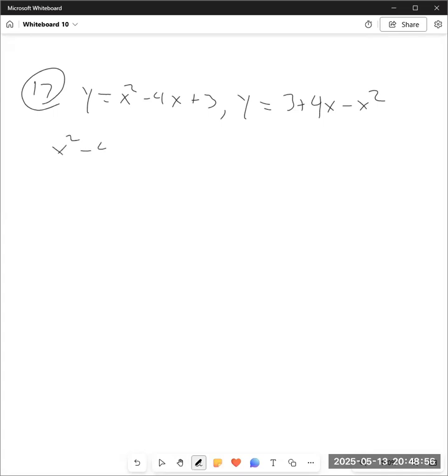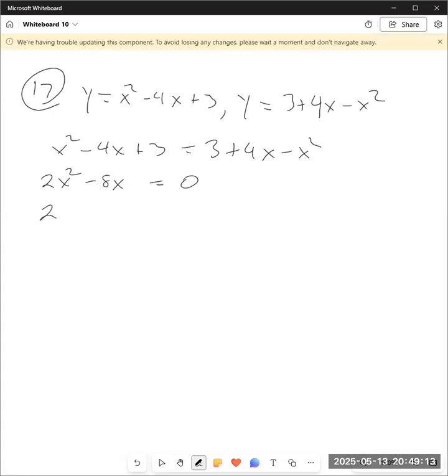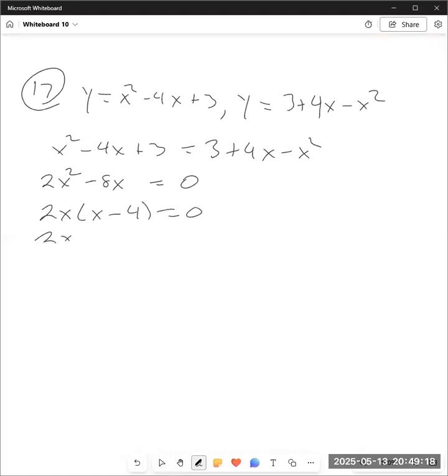So x squared minus 4x plus 3 equals 3 plus 4x minus x squared. Bring this negative x squared to the side with the positive x squared to make everything positive. That forces everything to come to the left. Factor out my common factor of 2x. And that gives me x equals 0 or x equals 4. So my boundaries here are 0 to 4.